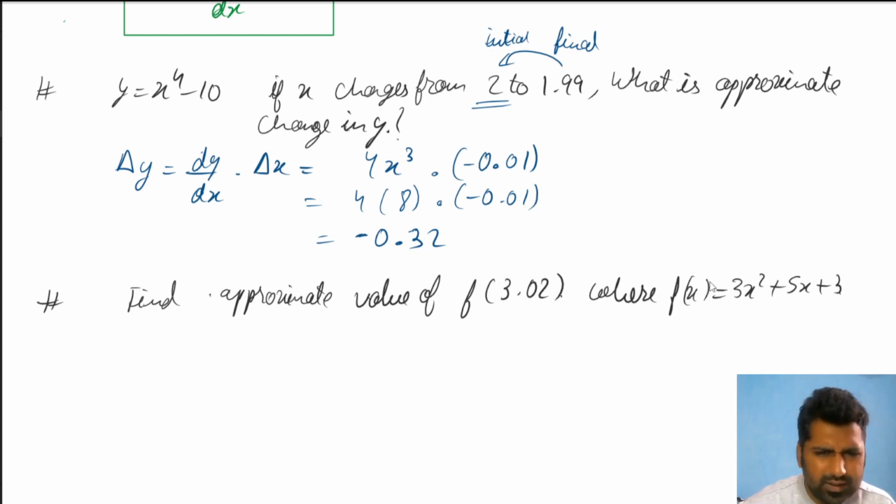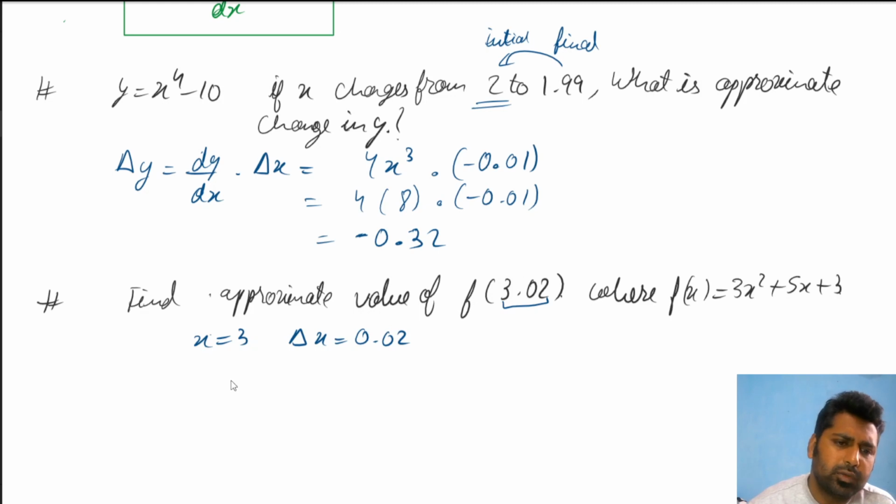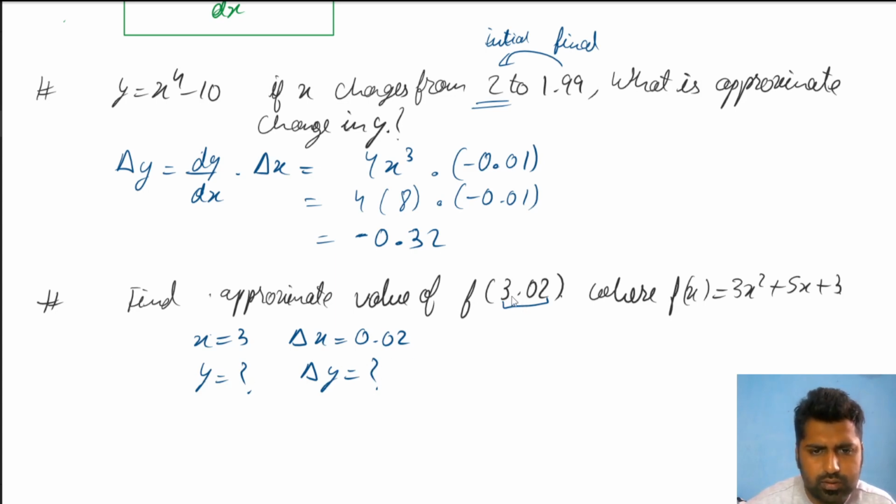You can literally put down 3.02 in this and calculate, but that will be very tedious. Squaring that, then adding decimals is creating a problem. So if you look at this, I can rewrite this as a good value, that is 3, and there is a small change in x, that is 0.02. Similarly, we'll calculate the value of y, we'll calculate the value of delta y, and then add them to get the final value of f of 3.02.